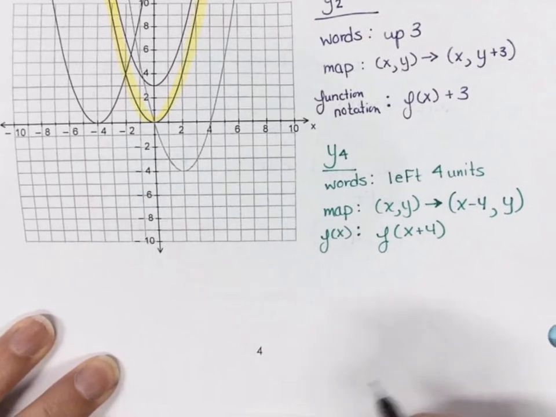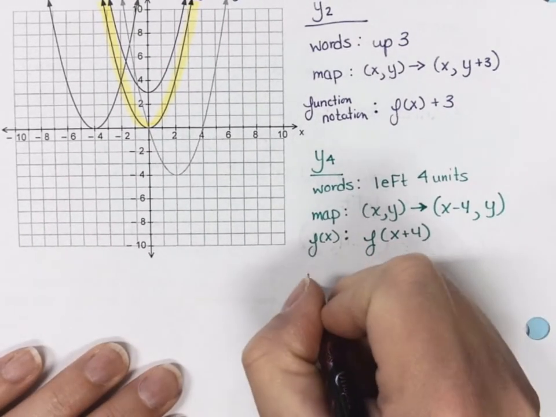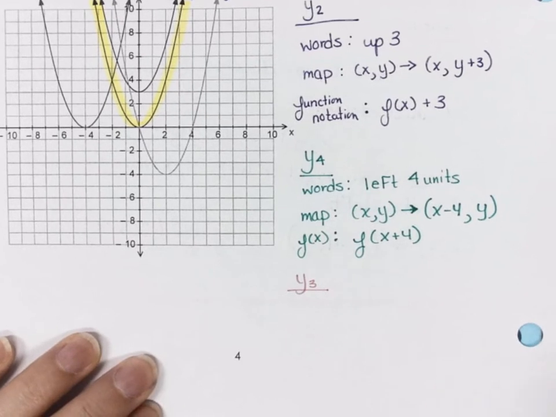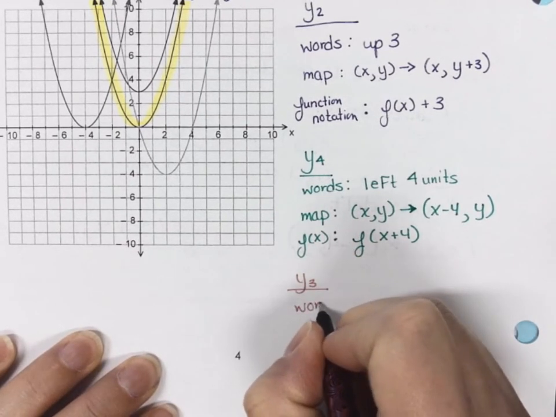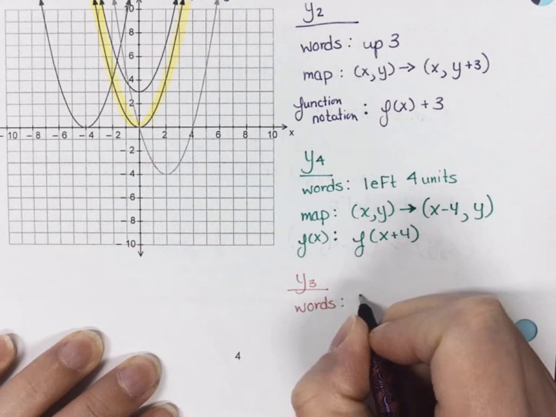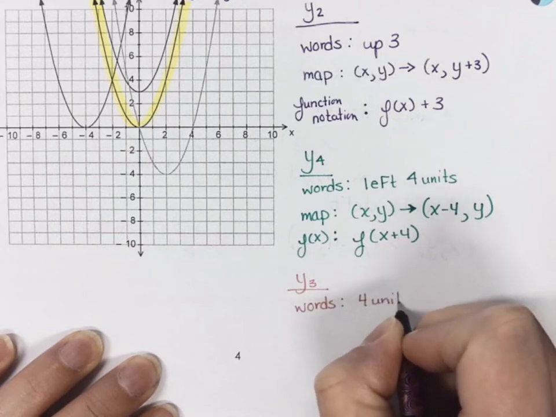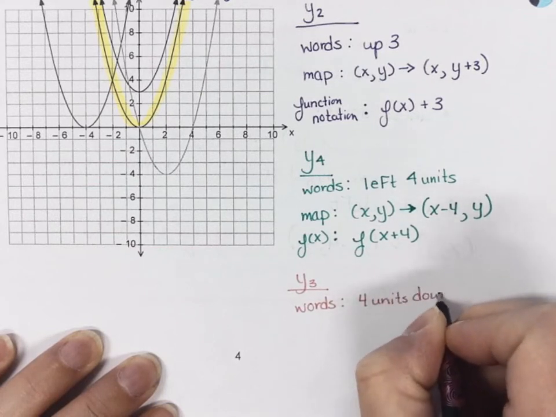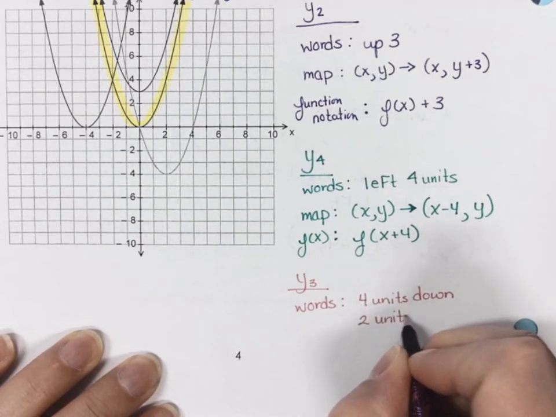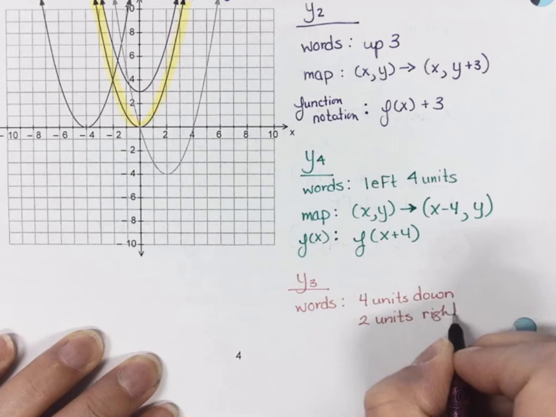Okay, now we're going to do Y3. Everybody see why I left Y3 to the end? Because what's happening in words? So 4 units down. And we went 2 to the right. 2 units right.